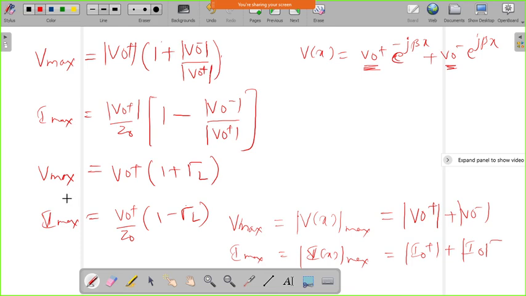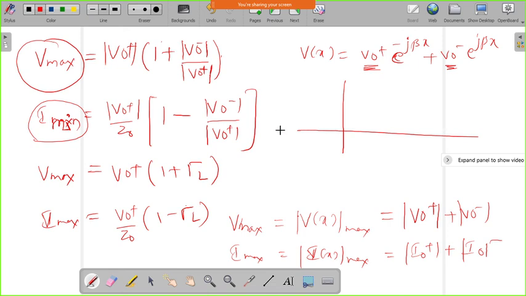Actually, whatever we are telling here, whenever we have the maximum voltage, we will always find the minimum current there. So it is not I max. In a transmission line, if I have the waves going, whenever we have the V max, correspondingly we have the minimum of the current wave.